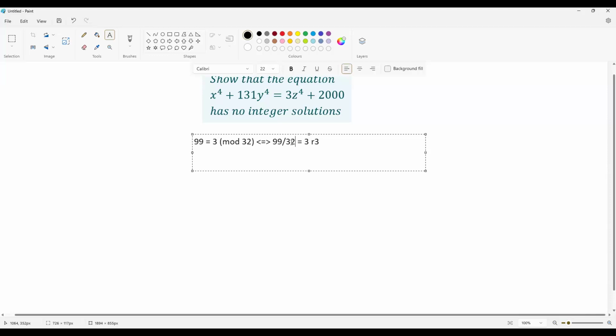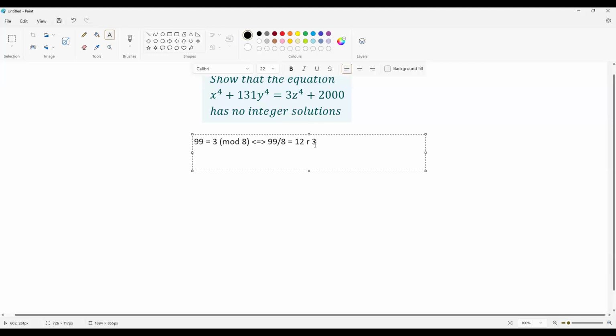Oh, that's a bad example. Let's say 8. 99 divided by 8 is equal to 12 remainder 3. So here you can see 96, 8, and 3, and this number is ignored. So this says that 99, when divided by 8, leaves a remainder of 3.